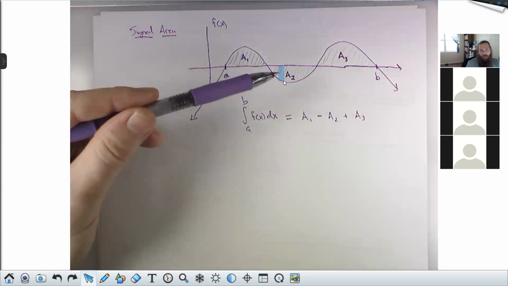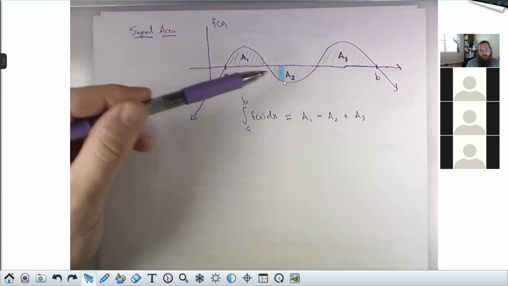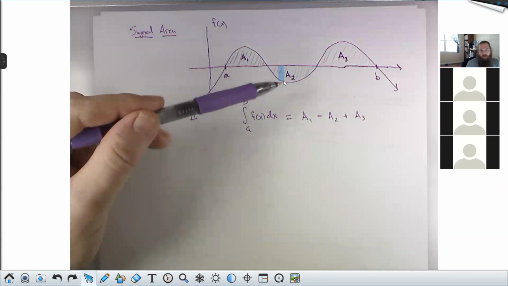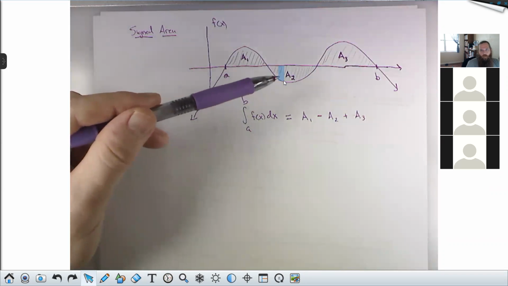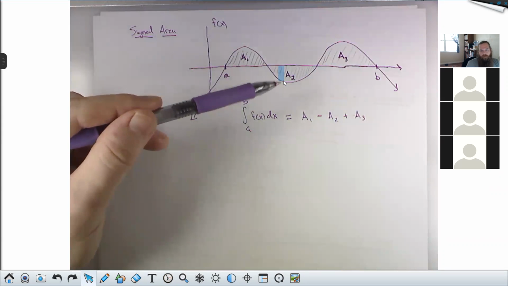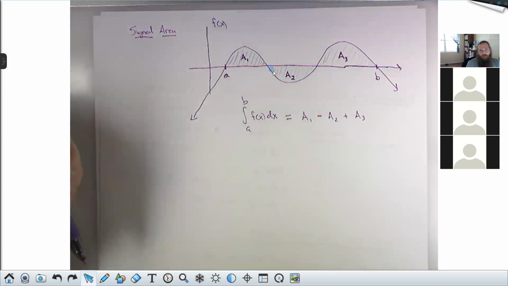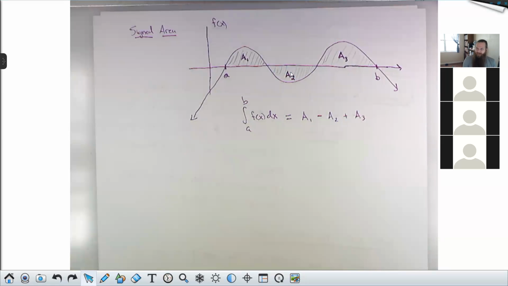This is your seventh rectangle: 1, 2, 3, 4, 5, 6, 7. This one is going to have a negative y value, f of x7, because the graph is below the x-axis. And the same is true for all of the little rectangles in here. They would all have negative heights. So this whole chunk, A2, is going to end up being measured as a negative area.